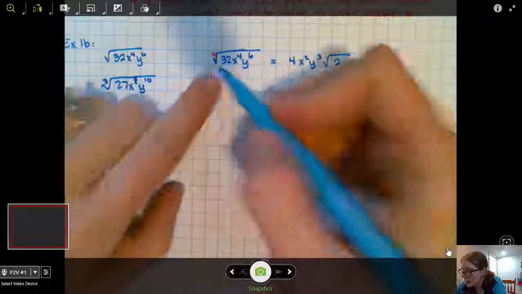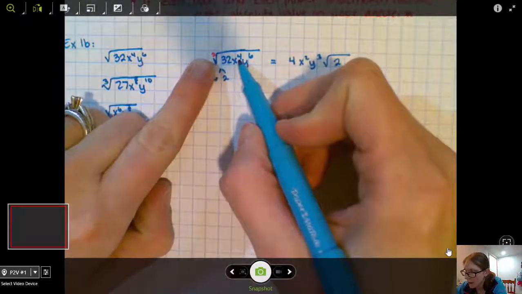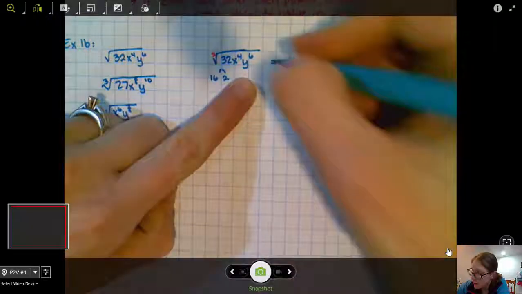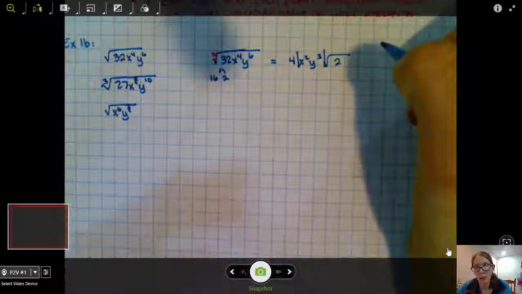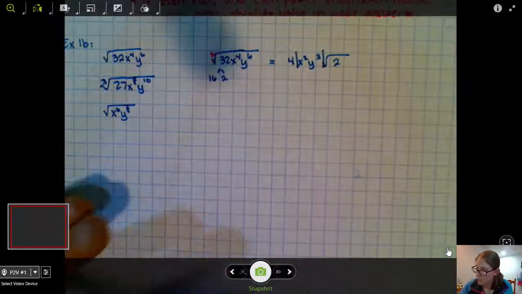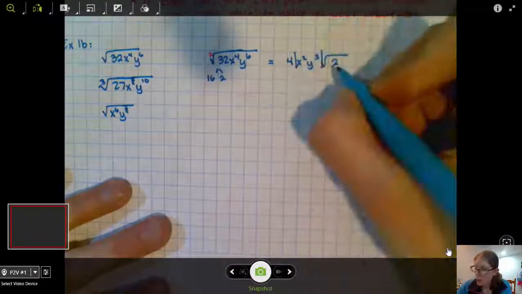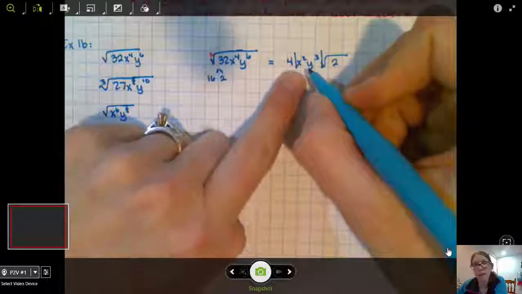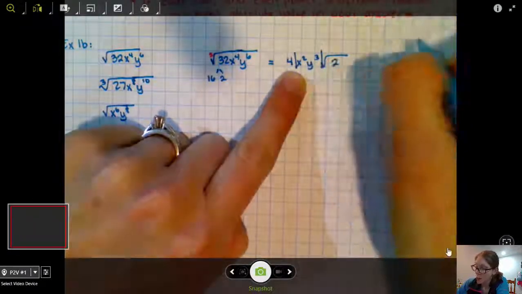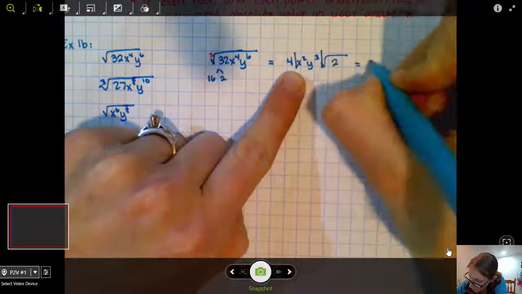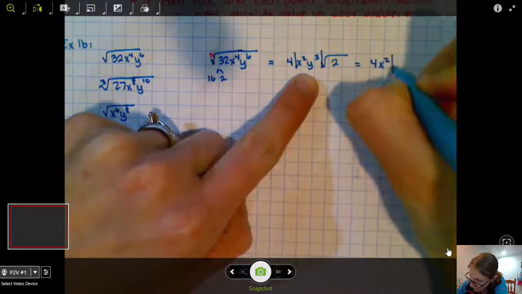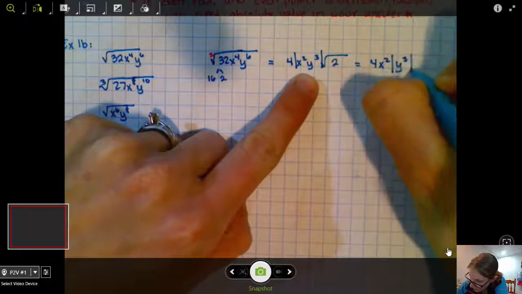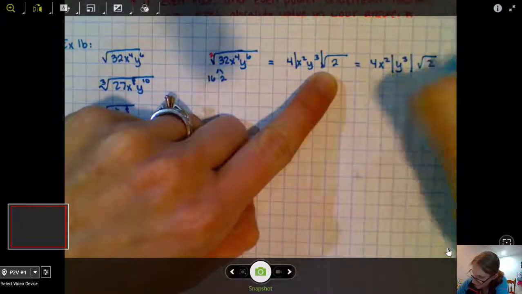But since I had an even root and an even power underneath, my x squared and y cubed all need to be an absolute value. But x squared is always going to be positive. So my final answer would really be 4x squared times the absolute value of y cubed times the square root of 2.